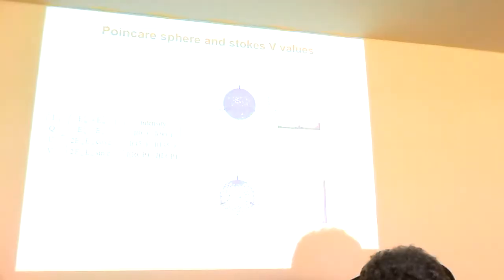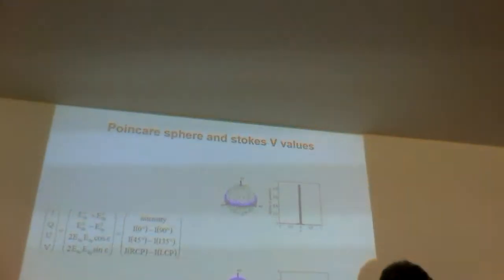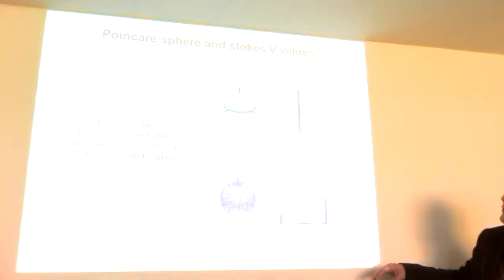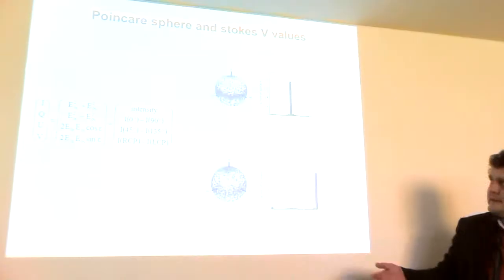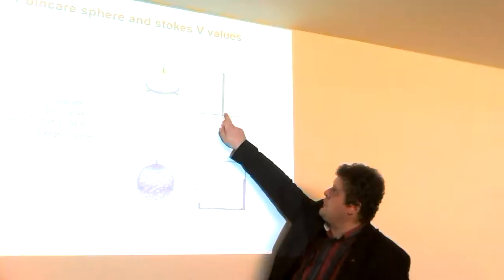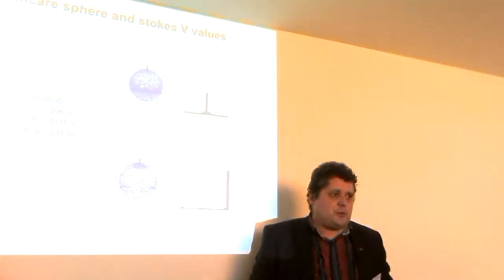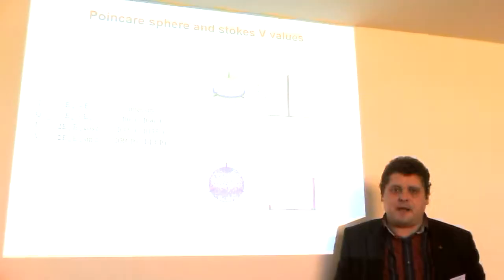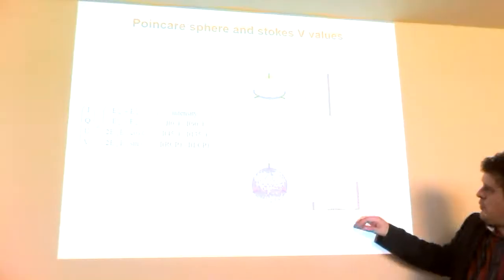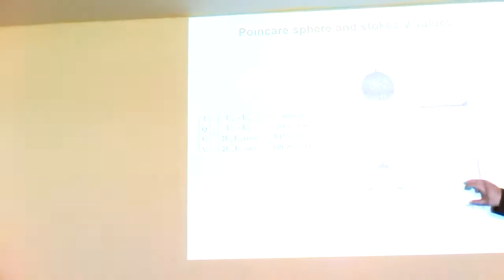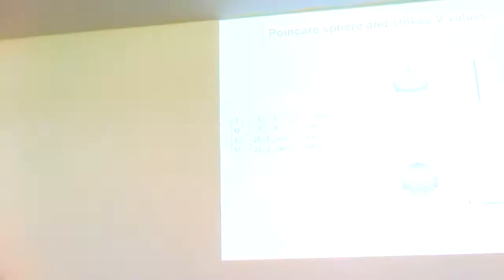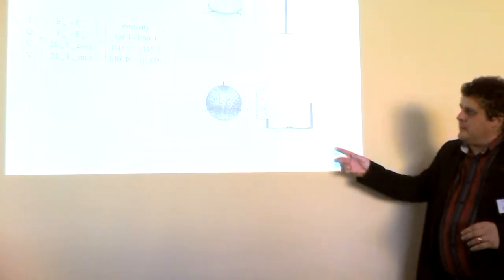What we found is, on this Poincare sphere, when we have two components, left and right, normal tissue produces a state of polarization that is close to the equator. For those that are more cancerous, the states are distributed more randomly on the Poincare sphere.